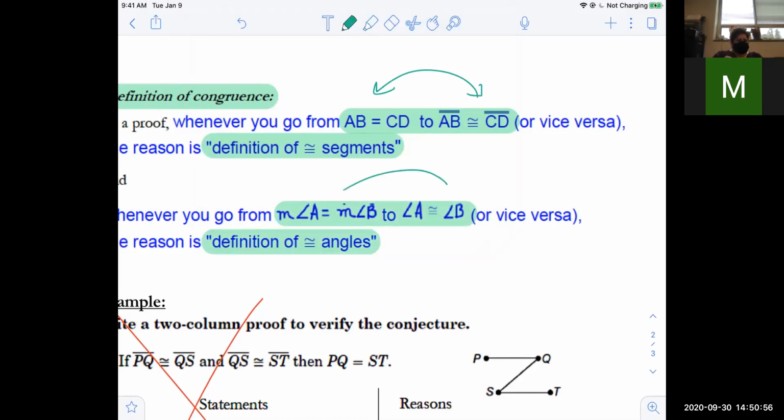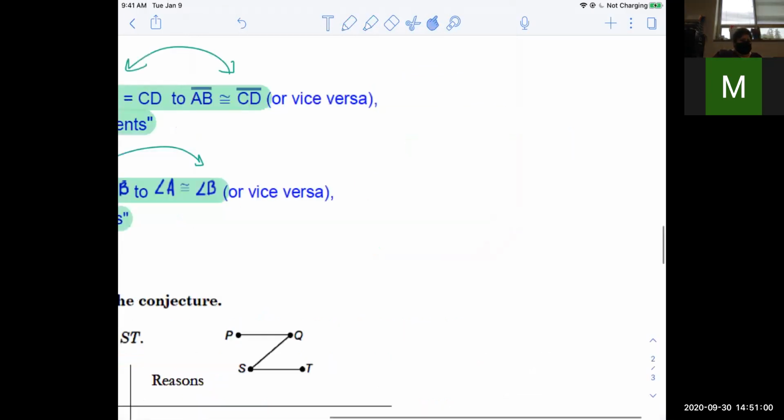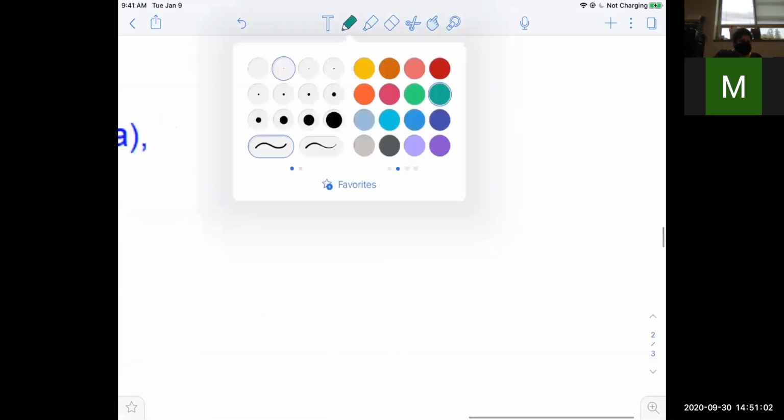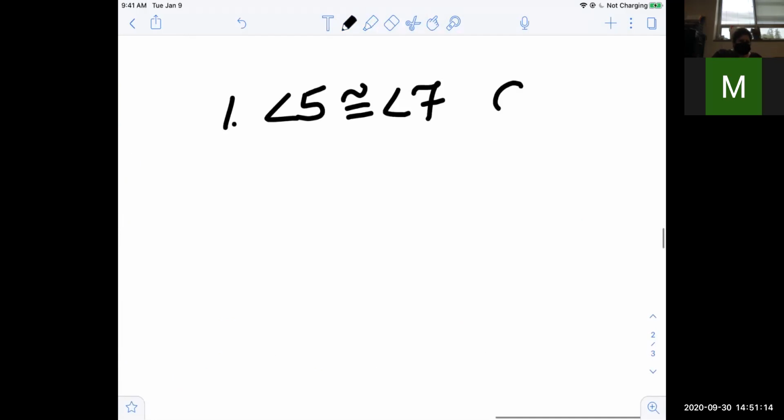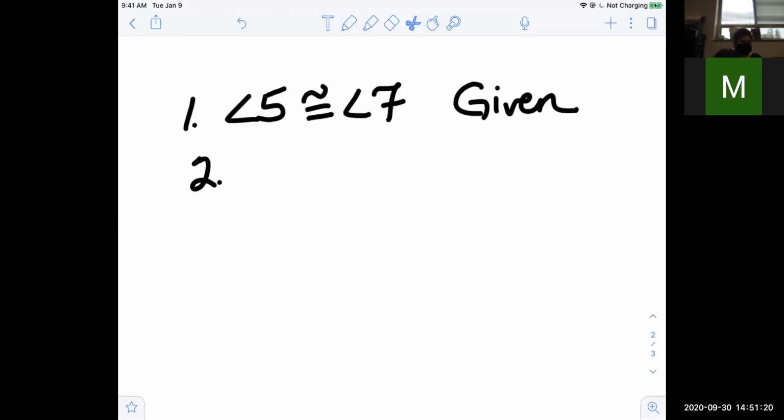Okay, so whichever way you're going. That means if you're doing a proof and step number 1 says angle 5 is congruent to angle 7, let's say that's given. And then in your second step, it says the measure of angle 5 equals the measure of angle 7.